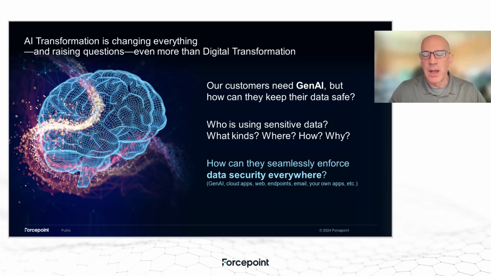First thing I wanted to bring up about the solution, as we look out at the market today and as we're talking to customers, it's very apparent that there's an AI transformation in progress. Much like what we talked about in the past around digital transformation, AI transformation is happening to a number of companies.